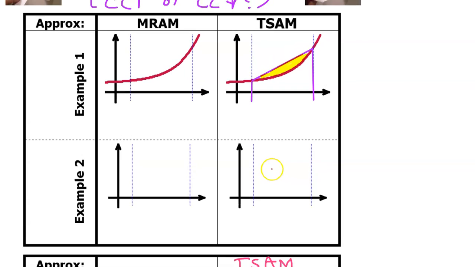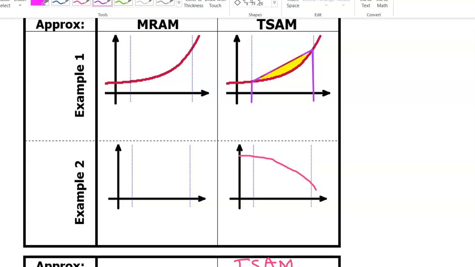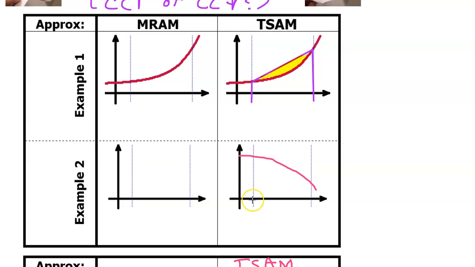All right, so let's draw a picture that's concave down and see what happens. Okay, there's a picture that's concave down. Let's do another trapezoid. Okay, trapezoid, blam, blam.